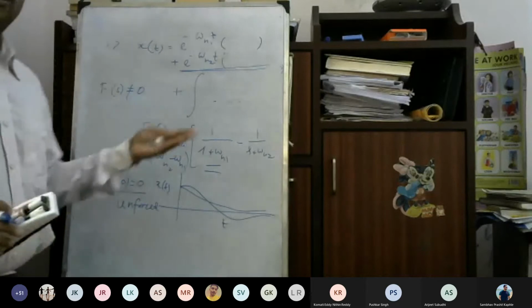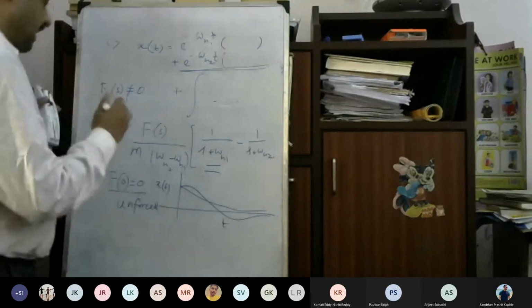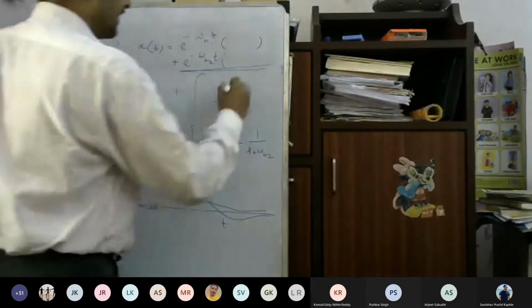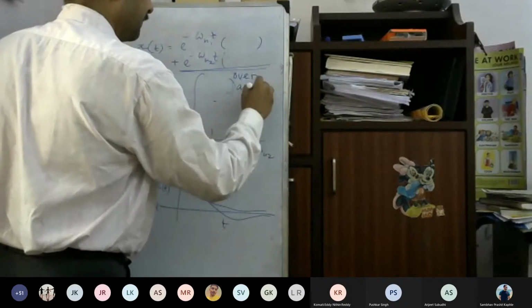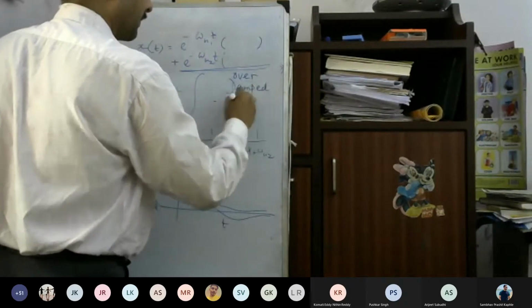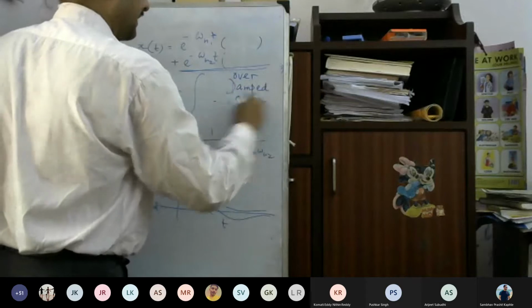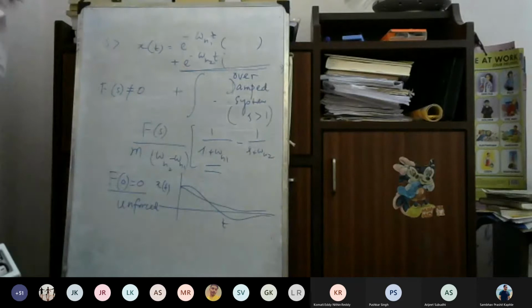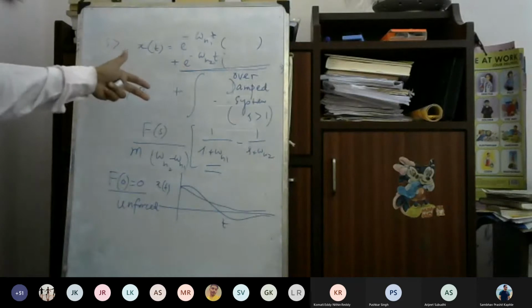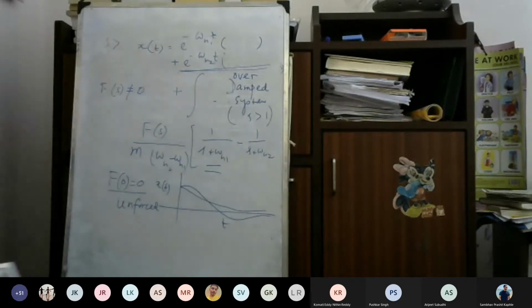The system is called the overdamped system. Damping is so large here that the system naturally does not oscillate. This is the overdamped system, that is zeta greater than 1.